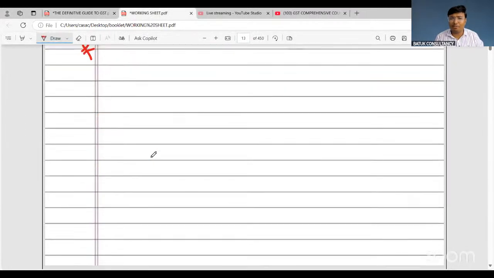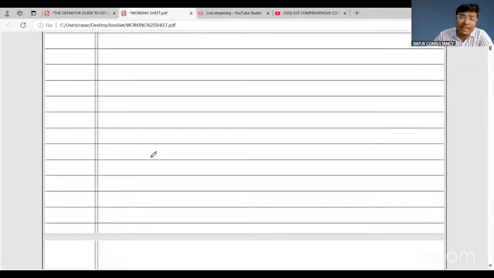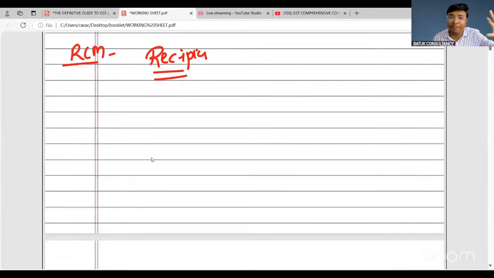I did not understand, sir, what do you want to say? That is, in case of reverse charge mechanism, as we are saying, the recipient is going to make the payment of taxes. For payment of taxes, there is a requirement to prepare the invoice, because without an invoice, how can you make the payment?